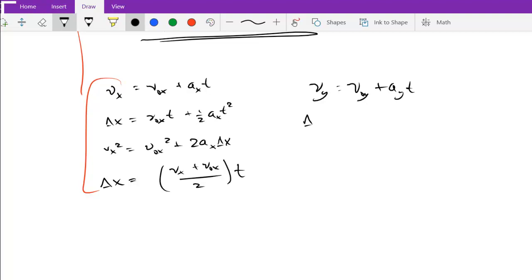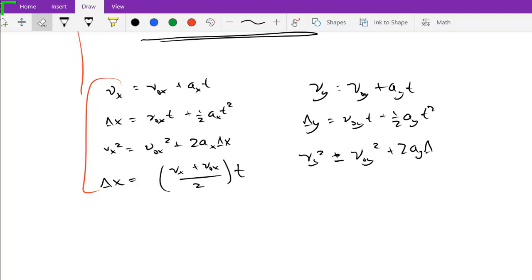So we have delta y is equal to V naught yt plus 1/2 ay times time squared. Vy squared is equal to V naught y squared plus 2ay delta y.